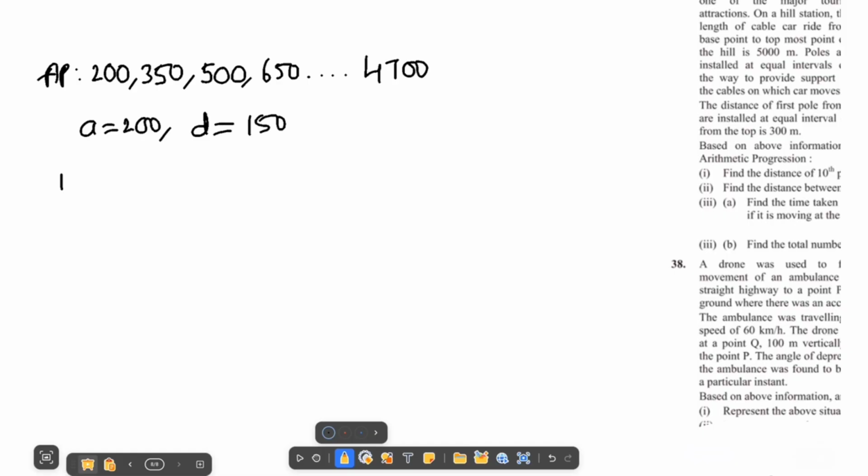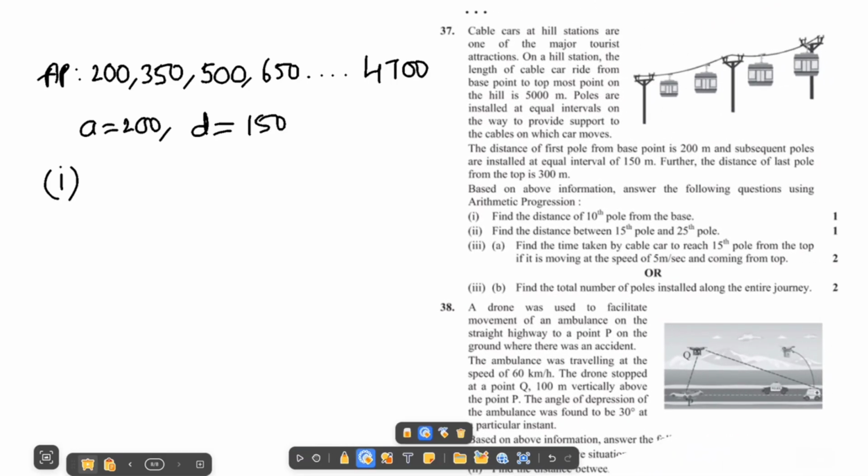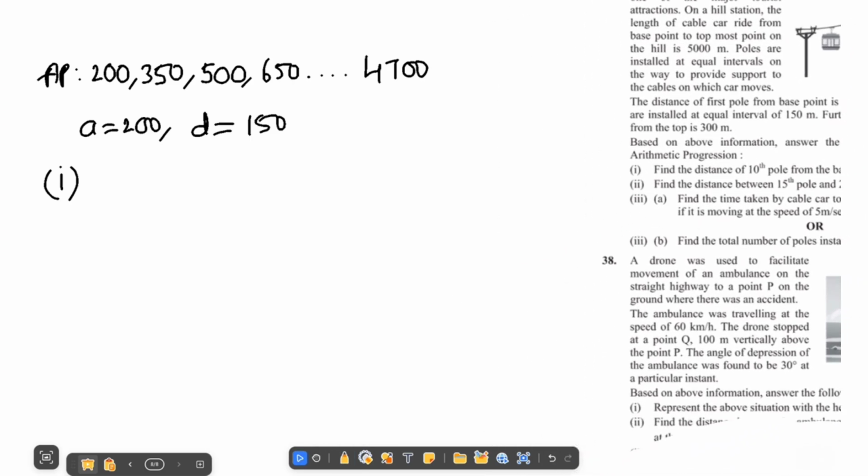So let's answer the first question: find the distance of 10th pole from the base. Means we have to find A10 in this sequence.